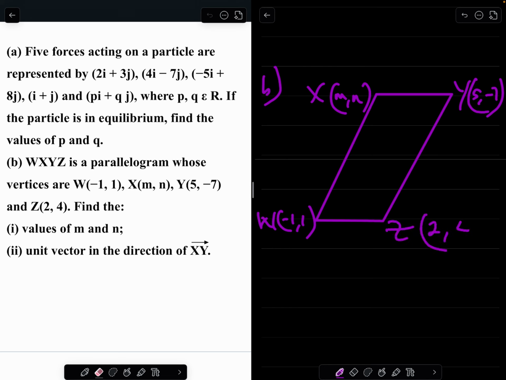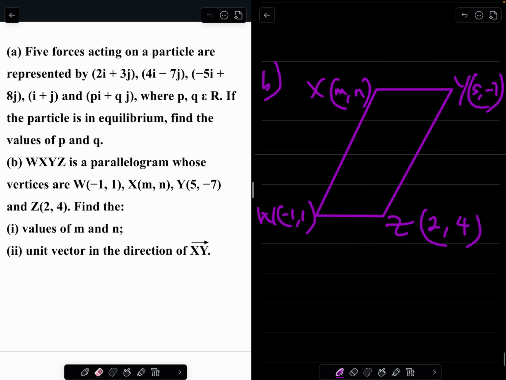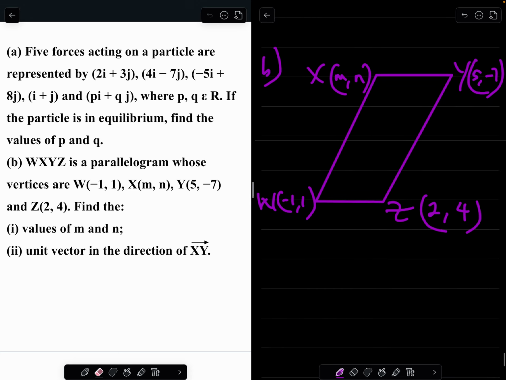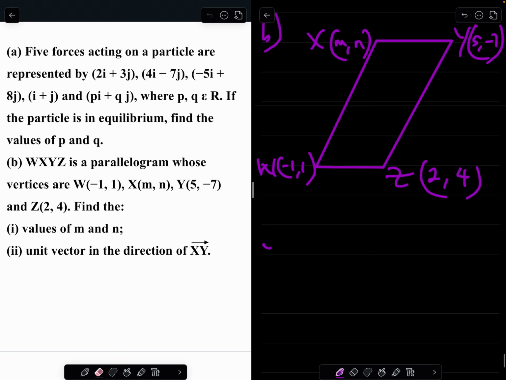I hope this is clear. The coordinates of X are (m, n). Now, part one says find the values of m and n.